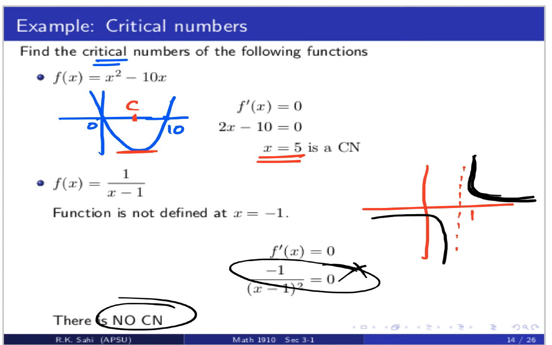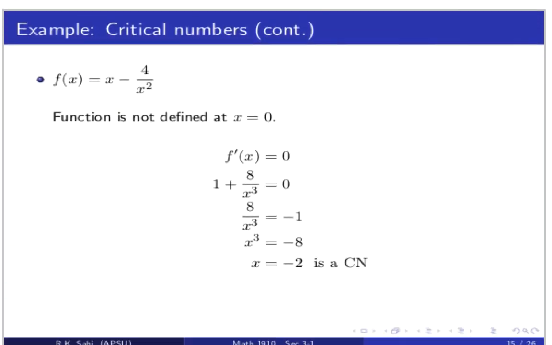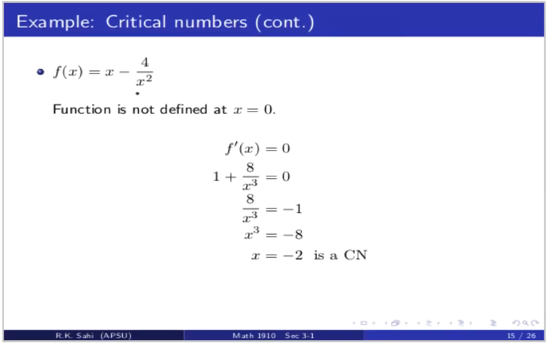Okay, one more example, guys. The function x minus 4 over x squared. When we draw this, let's look at the graph of this function first. The graph of this function, notice at x equal to 0, this y-axis actually is a vertical asymptote.